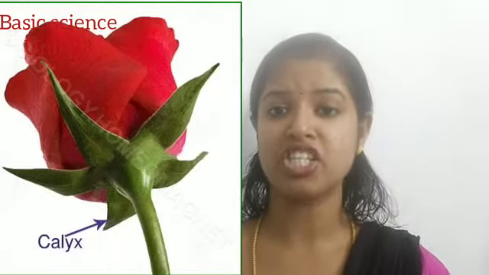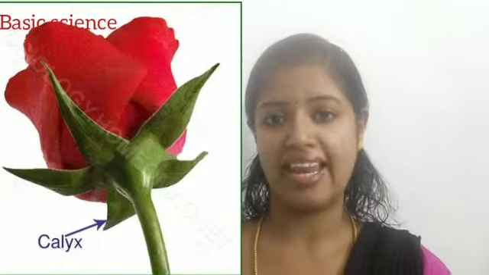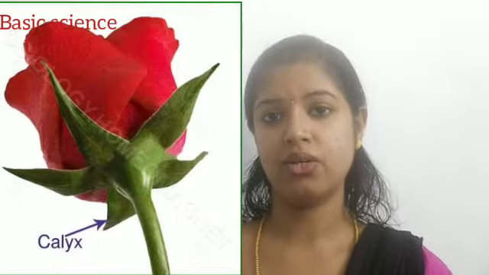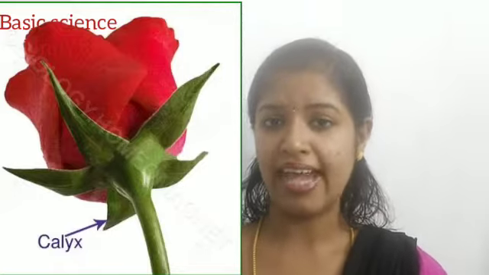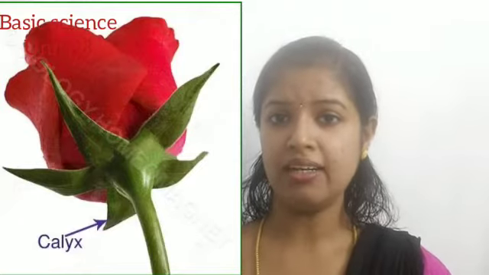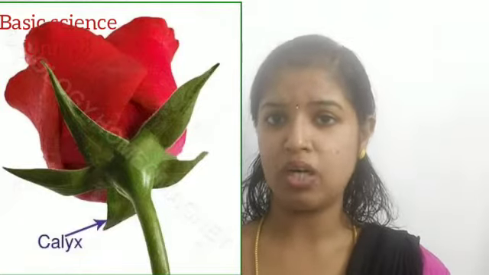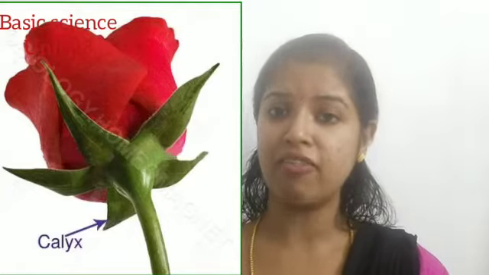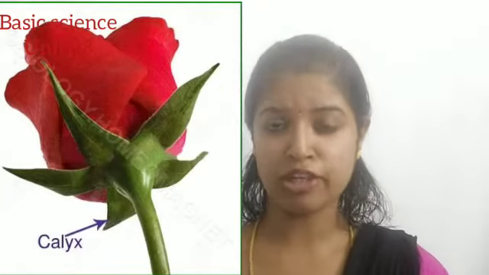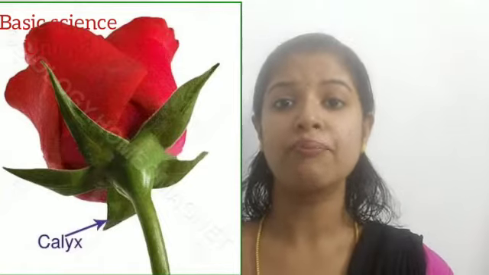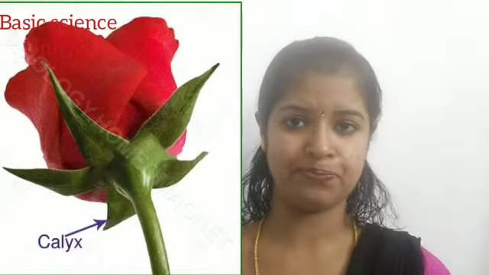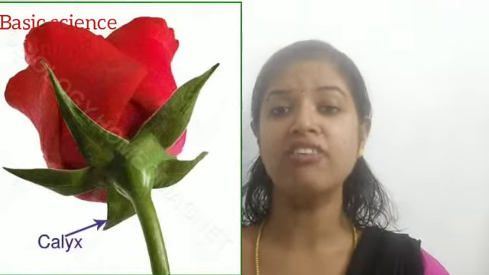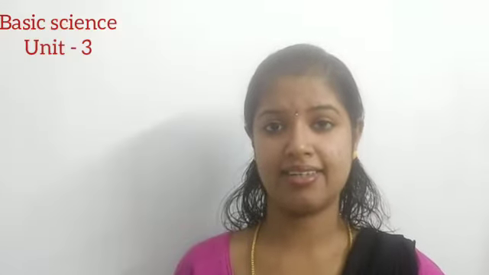So that is the function of calyx. It will protect the flower when it is a bud. From there, when the flower blooms into beautiful petals, it will protect it, it will support it.